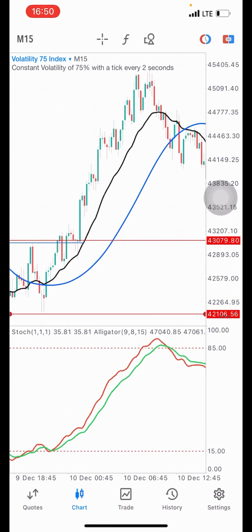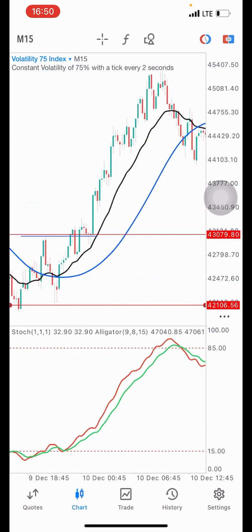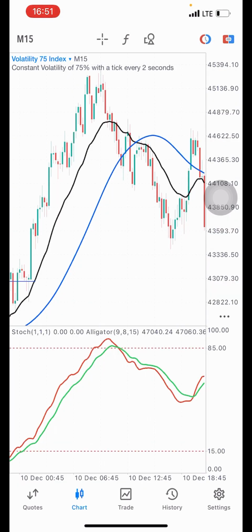Now that's one example. Let's see another example again. For this example, you can see that our indicator has gotten to the overbought level. The next thing you want to wait for is the crossing of the red below the green line, and you also want to see that price has broken below our black and the blue line, then gone back for a retest.